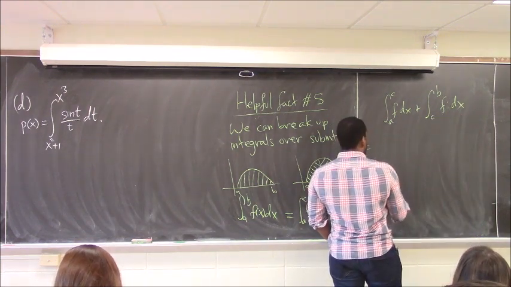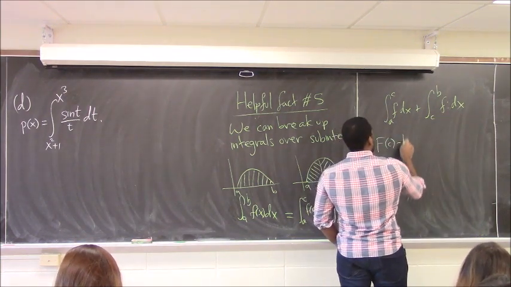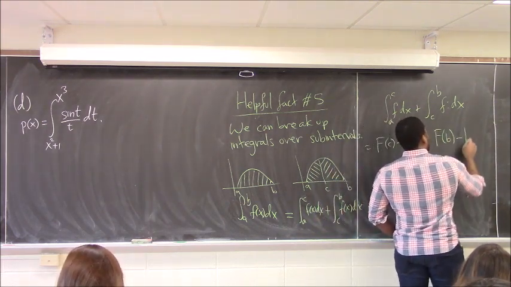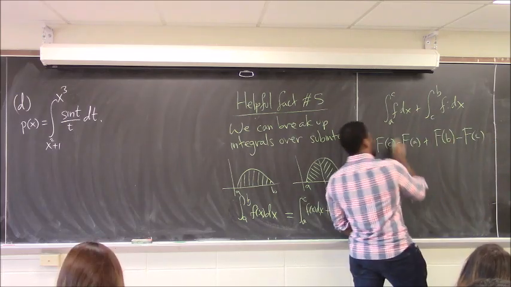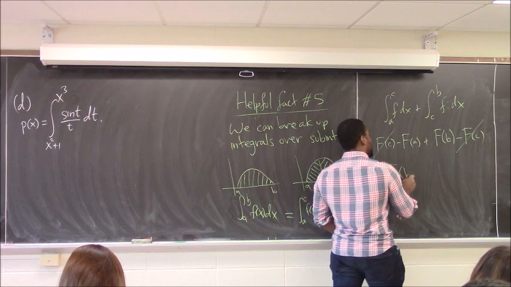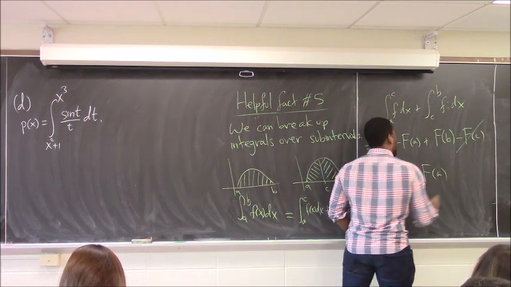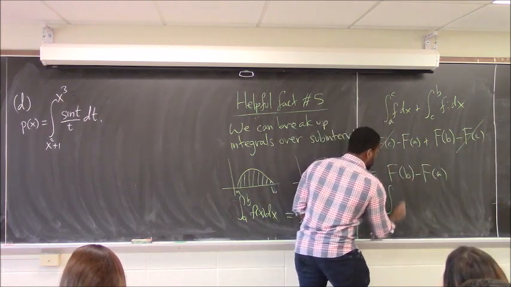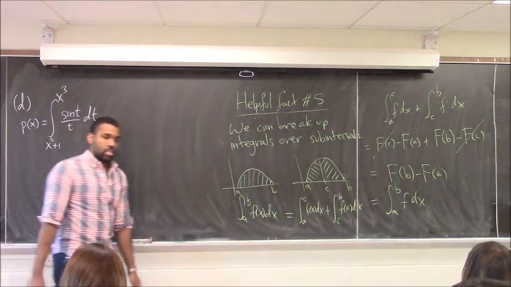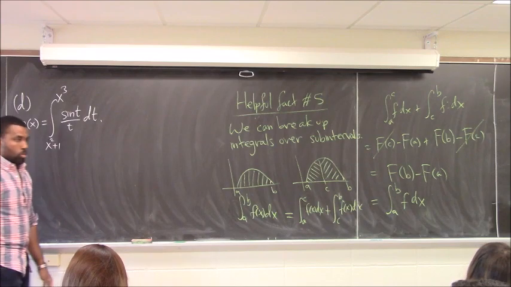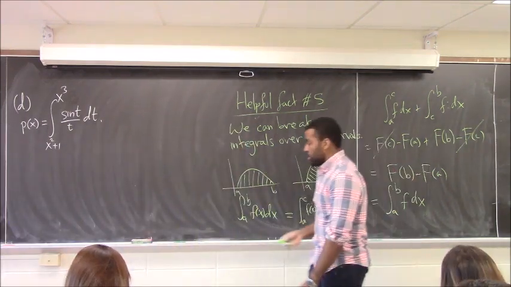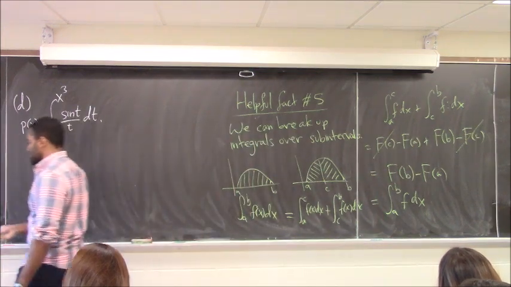The fundamental theorem of calculus says this is going to be big F of C minus big F of A plus big F of B minus big F of C. Of course, positive F of C cancels minus F of C. You're going to end up with F of B minus F of A, which is, of course, the integral from A to B. So the fundamental theorem of calculus gives you a nice non-geometric proof here. But whatever the case is, it turns out that I can actually break up an interval into more convenient subintervals.